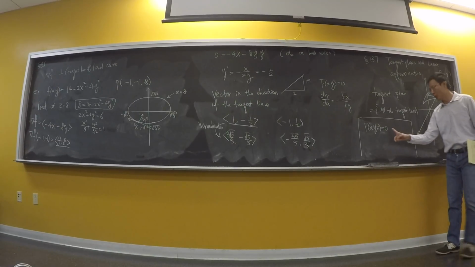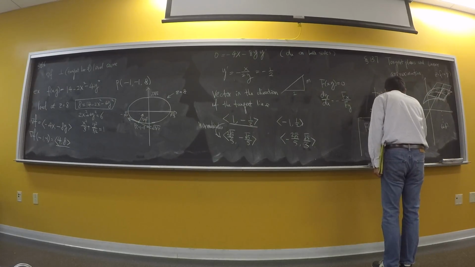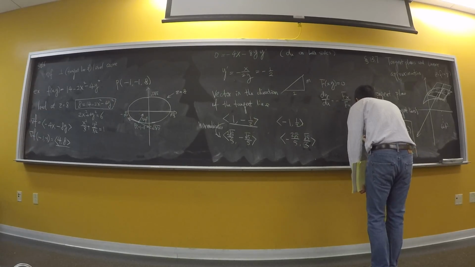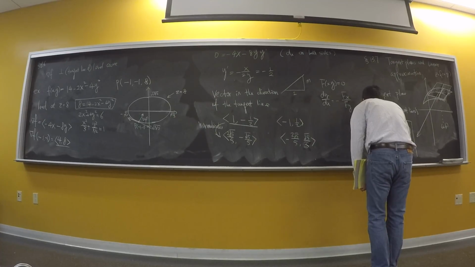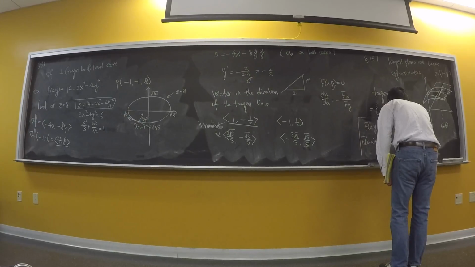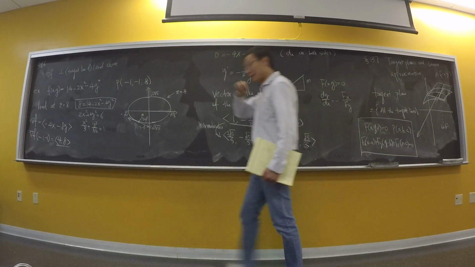So this is still a two-independent-variable function. And the tangent plane at the point P = (a, b, c) has the following equation: F_x (x minus a) plus F_y (y minus b) plus F_z (z minus c) is equal to 0. So this will be the formula of the day.